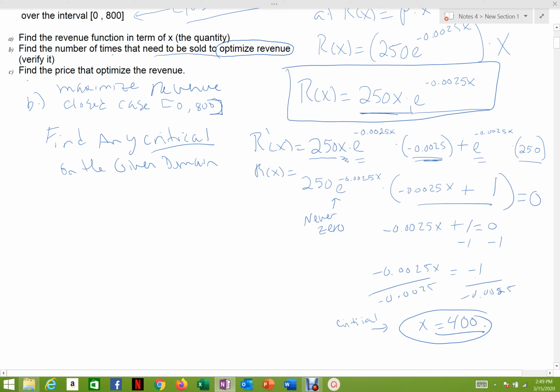I keep it. It's in my domain. It's between 0 and 800. And so the next step is to test using the extreme value theorem, right? This is the closed case.